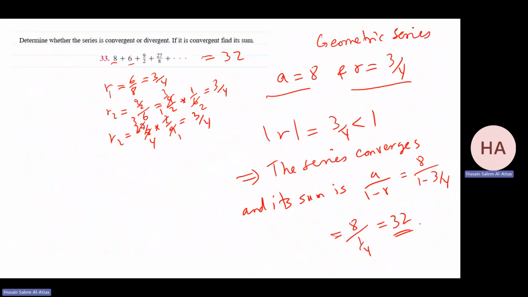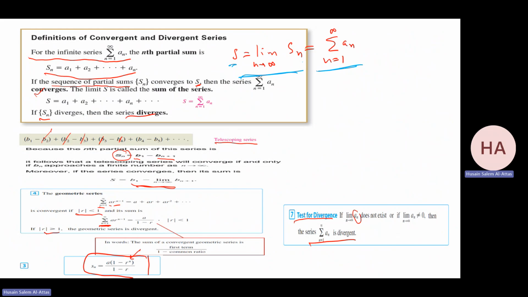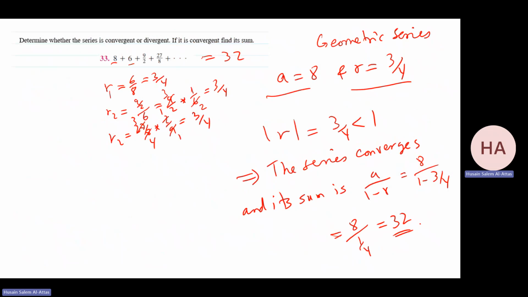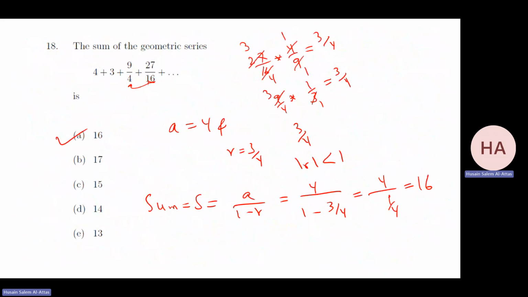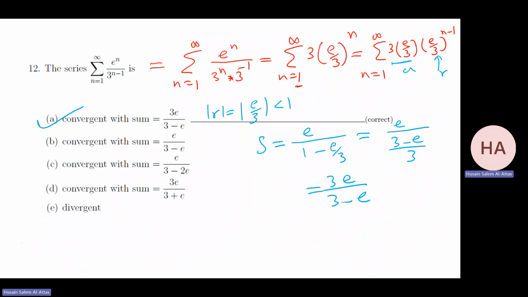Just to remind you, if the absolute value of r is less than 1, then it converges and the sum is a over 1 minus r, where a is the first term and r is the ratio.